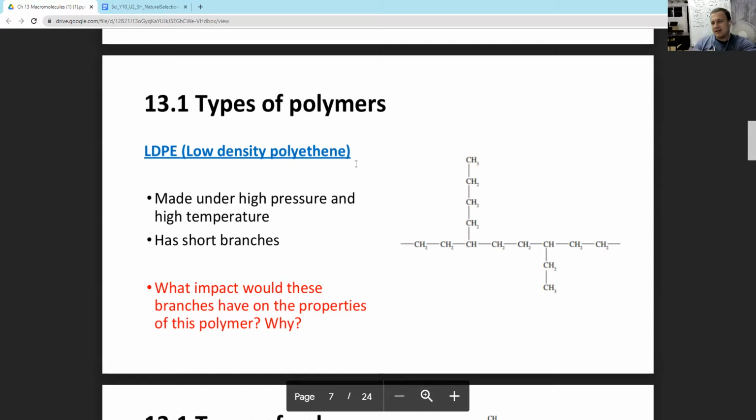What about that picture there gives you an indication of what that might be? 60 seconds. Any ideas?